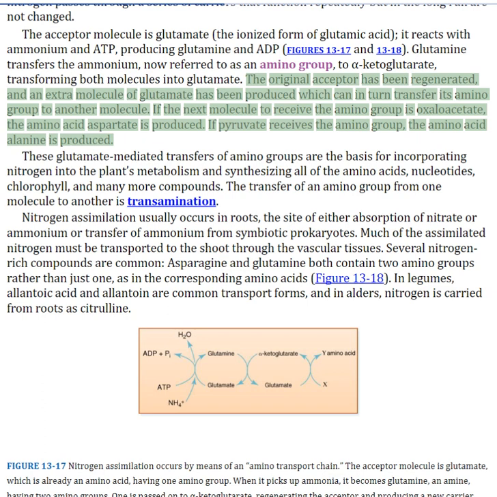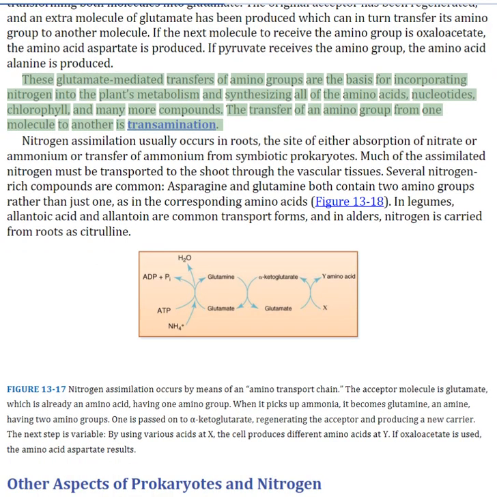If the next molecule to receive the amino group is oxaloacetate, the amino acid aspartate is produced. If pyruvate receives the amino group, the amino acid alanine is produced. These glutamate-mediated transfers of amino groups are the basis for incorporating nitrogen into the plant's metabolism and synthesizing all of the amino acids, nucleotides, chlorophyll, and many more compounds.